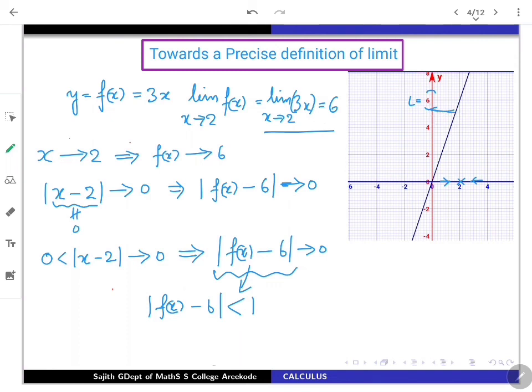If you are working inside this neighborhood, the proximity or nearness towards 2 will exactly map down to this distance. It won't go beyond this or beyond this.